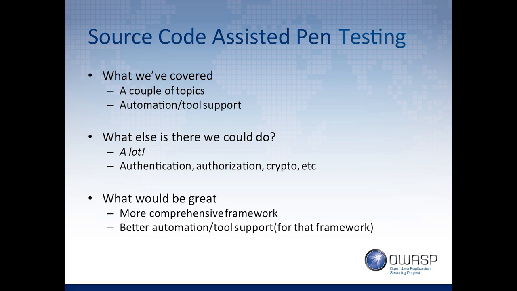I'd love to see, and I think we've got some projects that we're hopefully kicking off in this space, a better framework, a more comprehensive framework around this, how you can use these types of tools, and how that fits into a more complete pen testing methodology. And again, I love the idea of automation, full automation wherever possible. But I think there's a tremendous amount of value in tool support or in augmenting pen testers with automation to help them build their list of things they need to do, to help prioritize those lists.